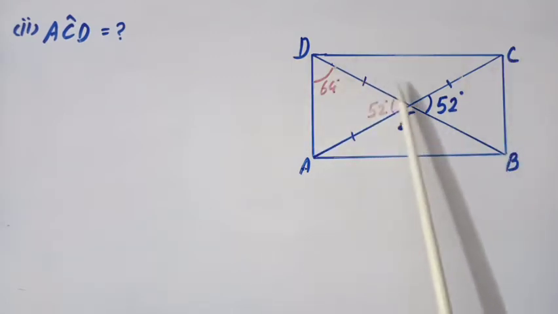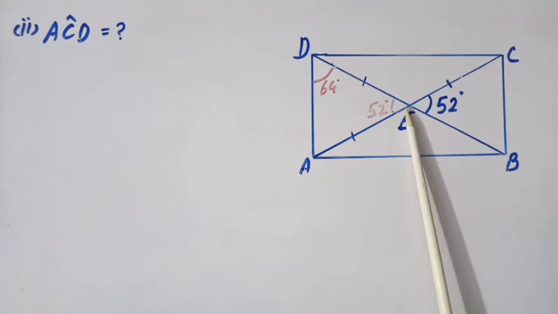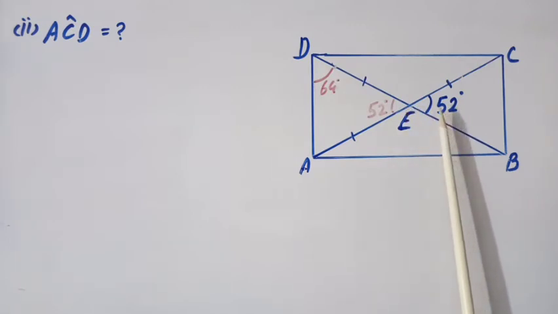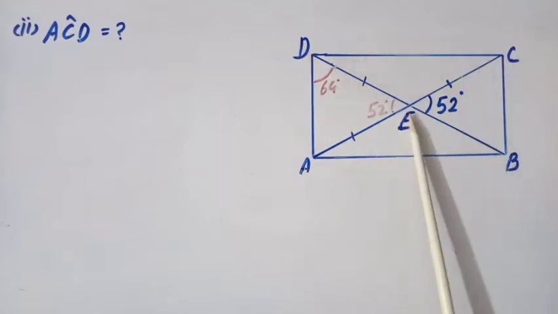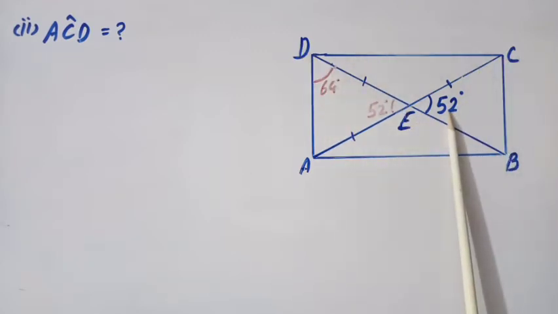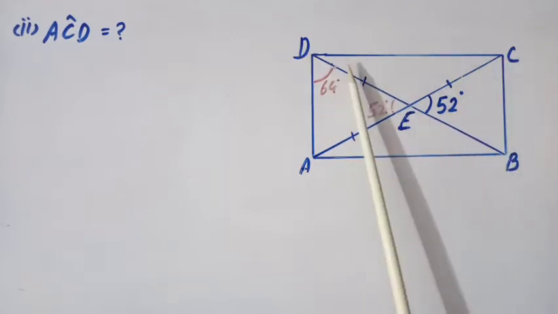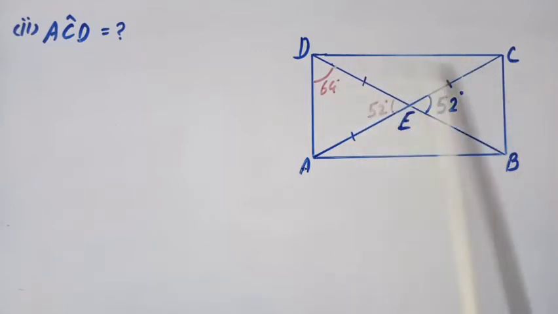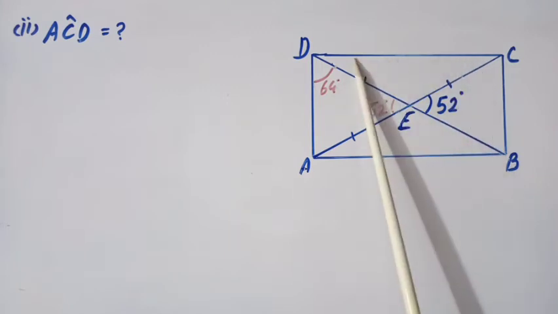In this triangle CDE, this angle 52 would be the exterior angle for this triangle CDE. This exterior angle would be equal to sum of the two opposite interior angles, right, at the point D and at the point C, these two angles.